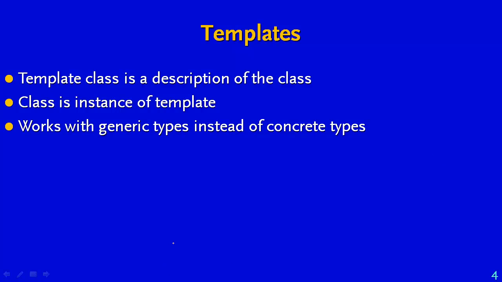So let me draw a 3-level diagram here. Let's take a very simple example. I've got a vector, let me call it VEC for short, and it depends on a data type T. T is generic, it's not a class, it's like a deferred variable, so that's very abstract.